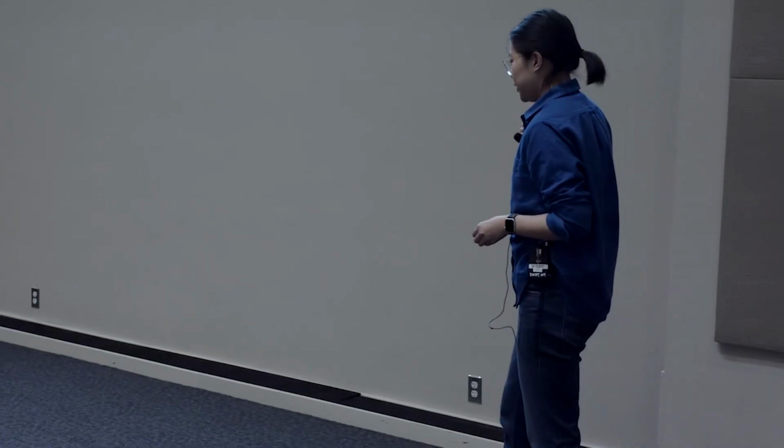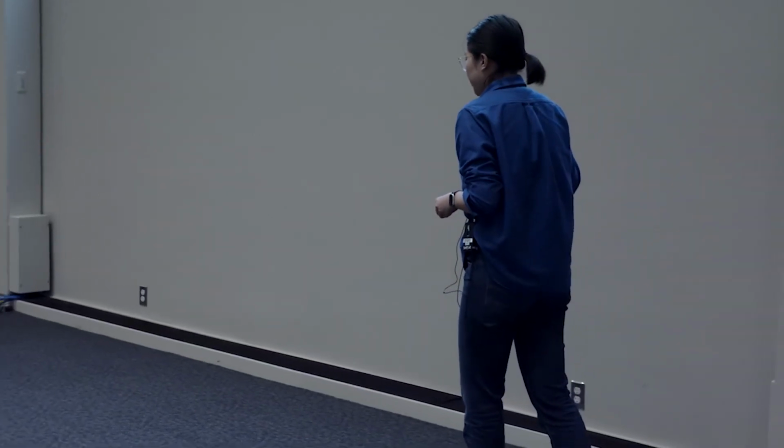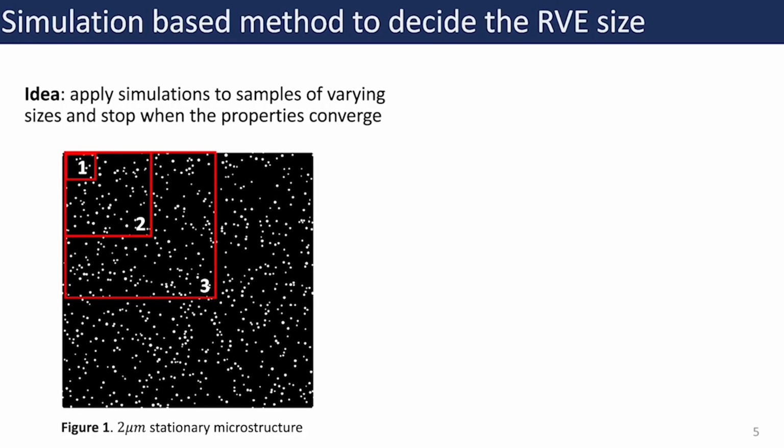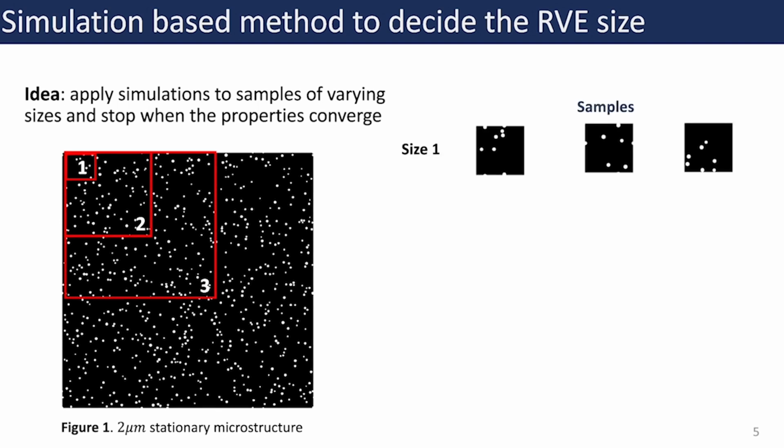Now you would think, if the size of the RVE is so important, there must be some existing method in the industry to find the RVE size. And the answer is yes. Currently, the standard method in mechanical engineering to decide the RVE is based on simulations. Let's say we have 3 candidates for the RVE size: 1, 2, 3. For each size, we extract 3 samples.